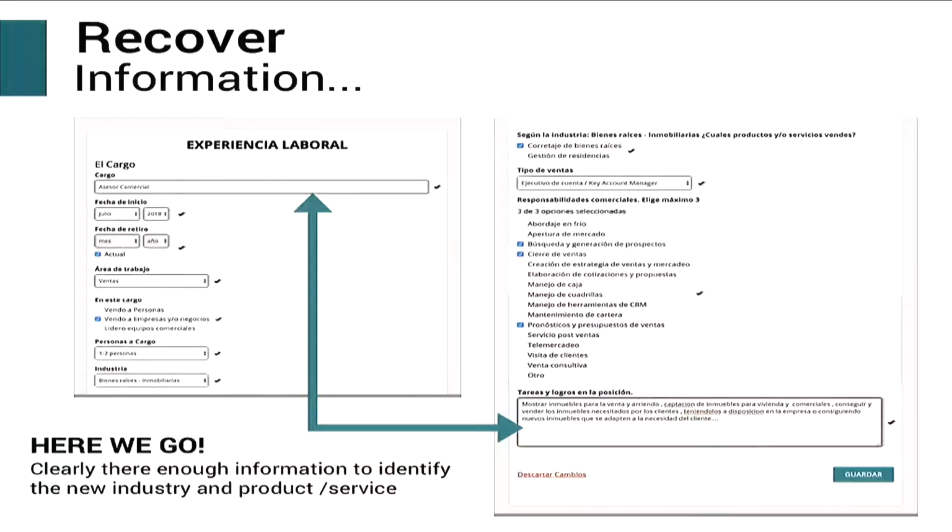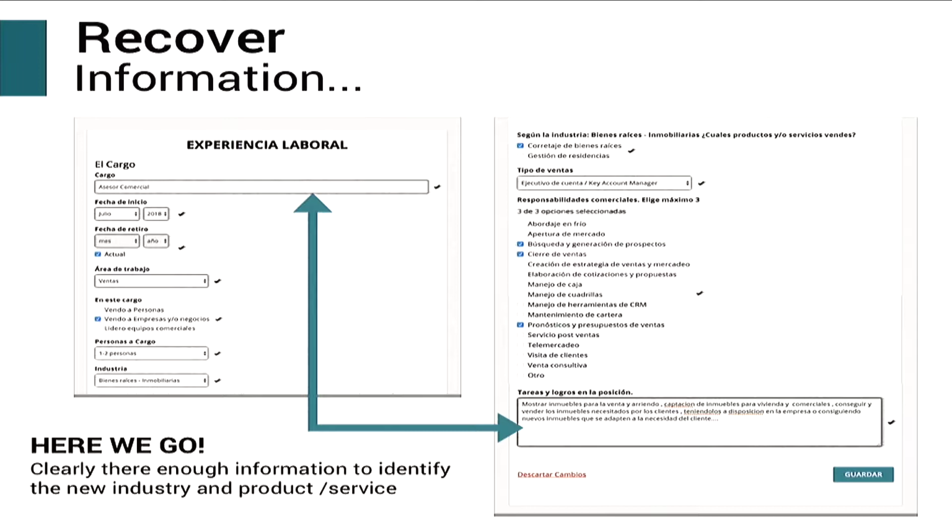Okay, one example is, a few months ago we introduced, this is the registration form at the working experience, new industries like bienes raíces, and we also introduced some new products and services, and this question with these three selectable fields.